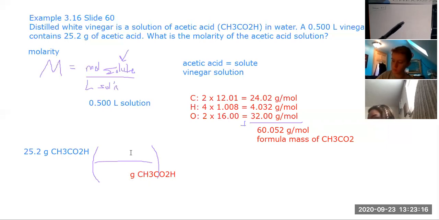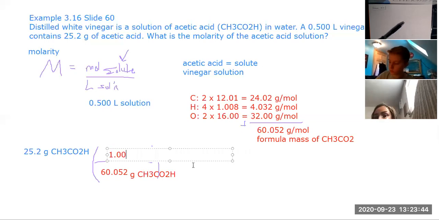Sorry, I blew past my parentheses there. And I want to convert to moles of acetic acid. We can always convert from grams to moles or moles to grams using the formula mass, which I just solved for. It is 60.052 grams exactly in 1 mole.